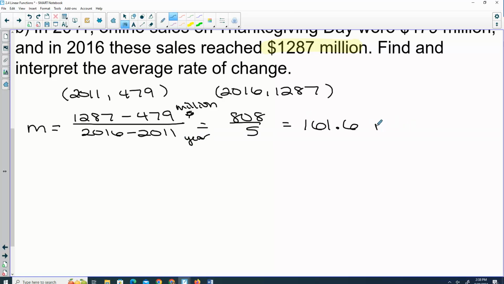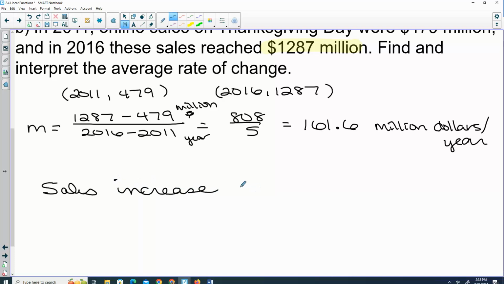So this is $1 million, or you could just put the dollar sign on it, per year. Or in other words, it means sales increase because it's positive. 161.6 million each year. So rate of change is just another word for slope, but we do expect those units. And we can think of it as just y over x. What were the units on y? Per, what were the units on x?